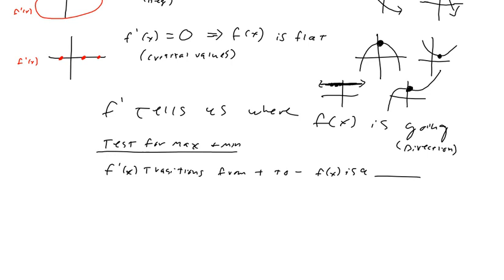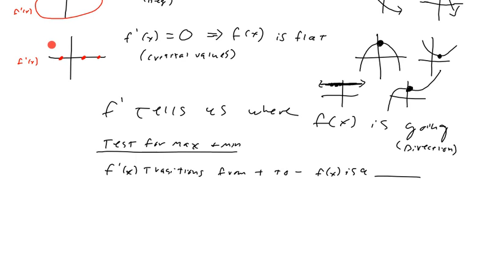We talked about finding maxes and mins. So if f prime is positive, transitioning through the 0 to the negative area, then what kind of situation is f in? Is it a max or a min? From positive to negative. F prime transitions from positive to negative. Is it a max or a min?